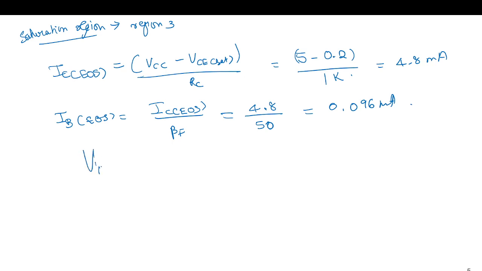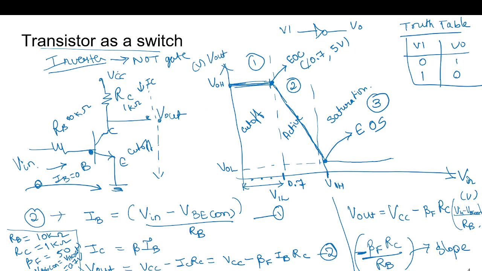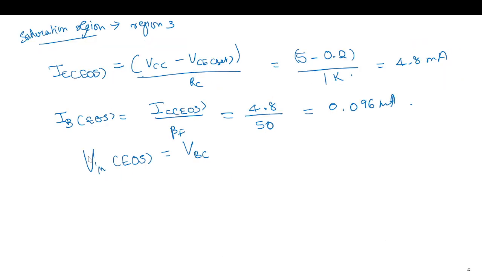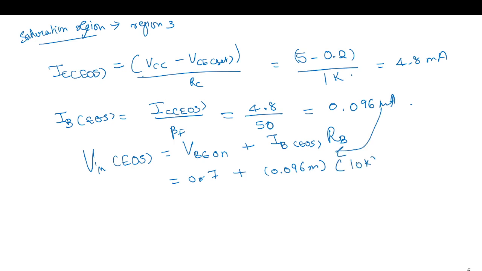So what is the input potential at this end of the saturation? It is VBE on plus IB at this region into RB. So it is 0.7 plus 0.096 milli into RB, which is 10K, giving 1.66 volt.